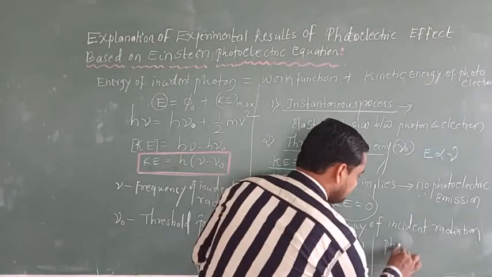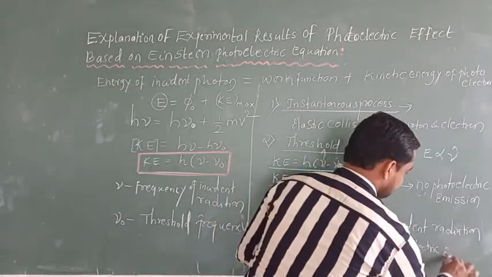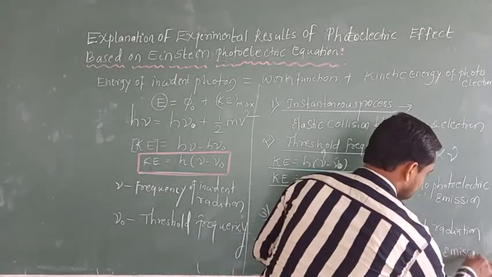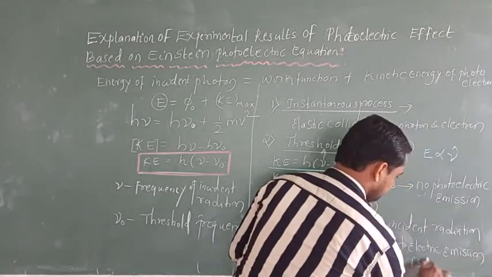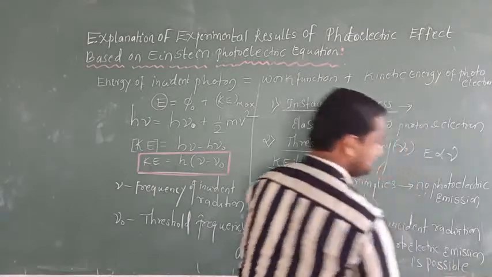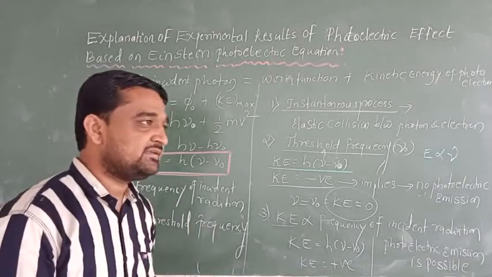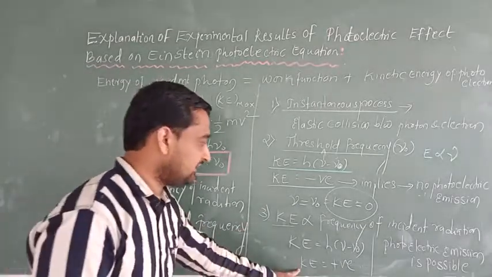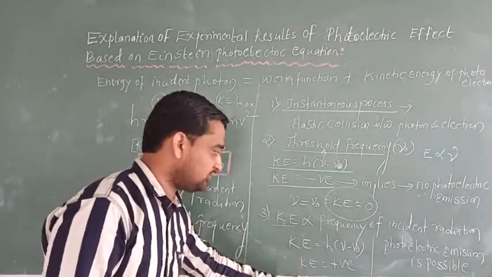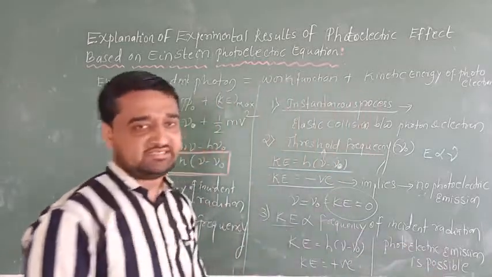So photoelectric emission is possible for nu greater than nu naught. Therefore, the photoelectric effect takes place.